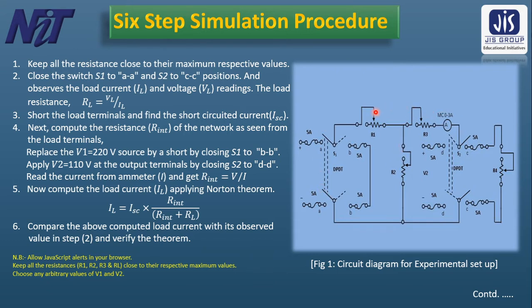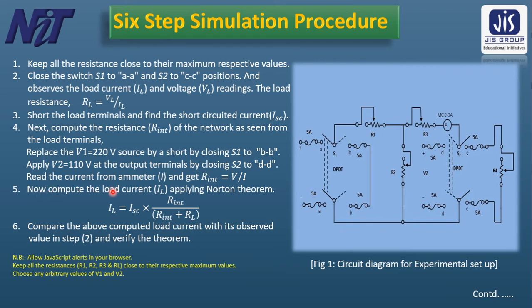Only these three resistances are left in this circuit, and you put a voltage source at the output, so current flows in this way. You observe this current and divide the voltage source by it, then you get the internal network resistance, which is also called Rn, named the Norton resistance.